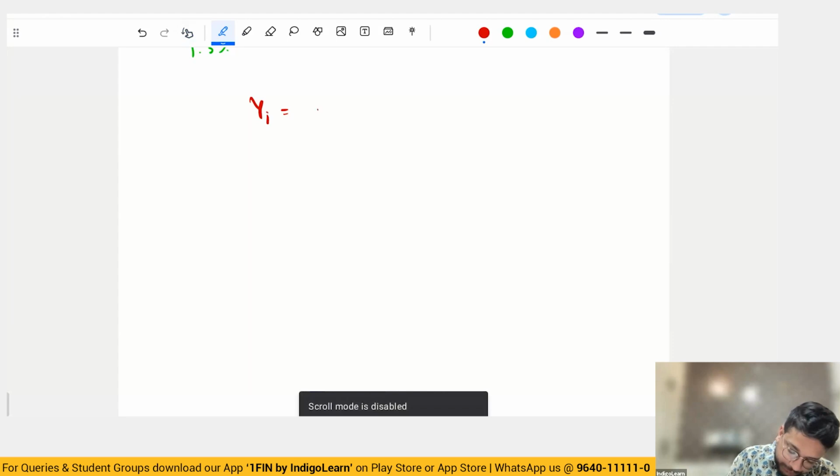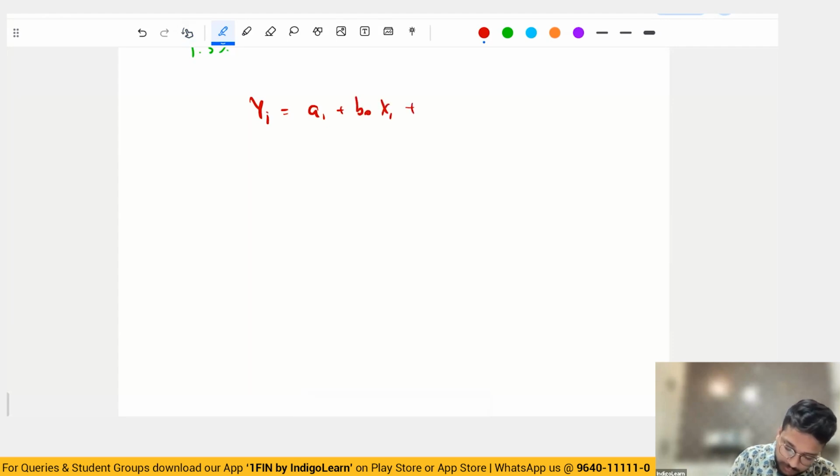Yi equals a plus b1 x1 plus b2 x2 plus b3 x3, right? Now this is a typical multiple regression equation for you.